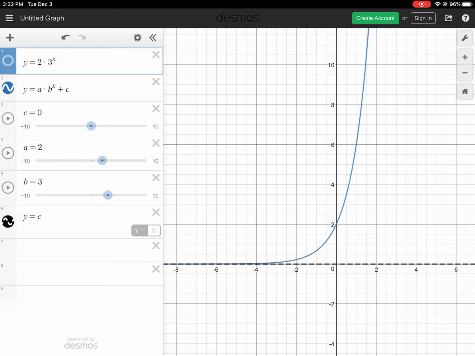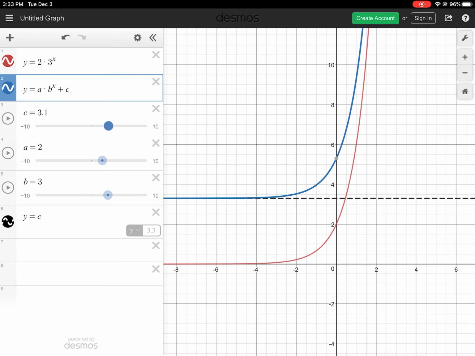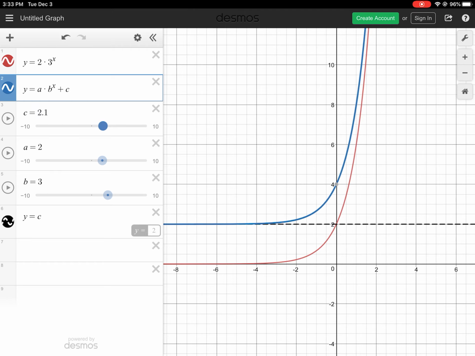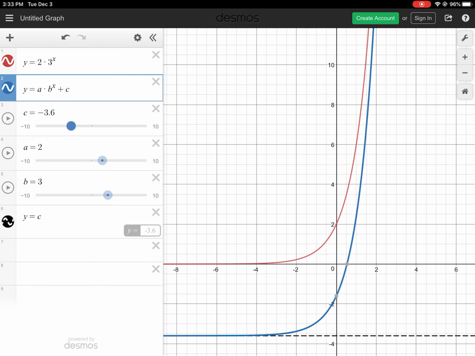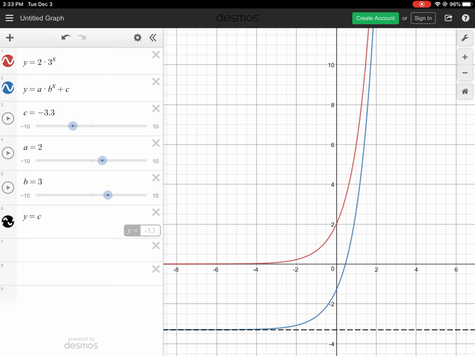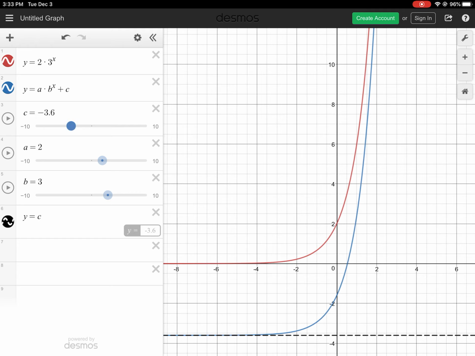So we can see here, right? That's our original. So that C, if I'm adding those numbers, notice that the whole thing again is just kind of shifting up from that, okay? Or if it were negative, shifting down. But from the asymptote, it's still the same distance, okay?